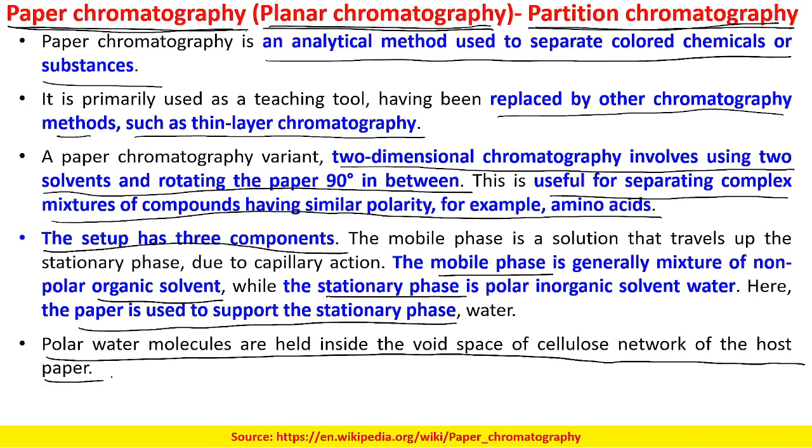So what it wants to say, and why it is important: it is mainly used as a teaching tool, so why is it needed? If you want to go for better chromatographic techniques, it comes with a cost. You can definitely use better techniques, but the problem is, are you capable of spending more money while you are in the early stage of your research?